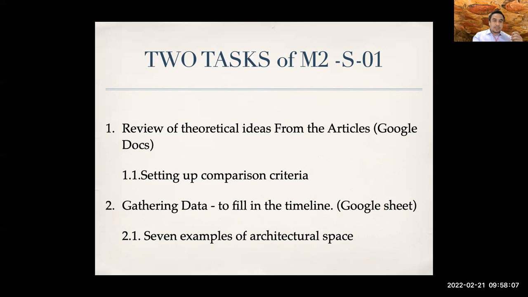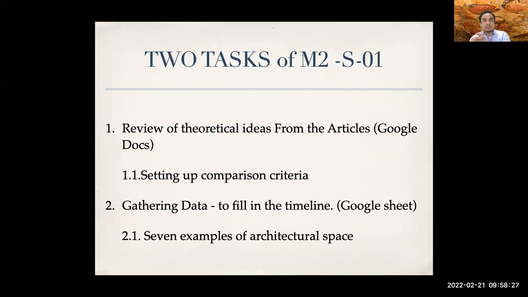The task is you go and review the article that I sent in Google Classroom, right? Select your idea and copy. Now you can copy verbatim with reference. Tell me which page it comes from. Use the Google Doc that is provided, right?